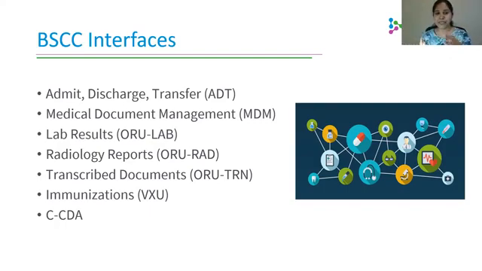So there's multiple ways we can receive information. And this again would be handled during your technical discovery. So depending on your EMR vendor strengths and capabilities, we can all chart out what interfaces we can build for this project and what interfaces you want to build depending on your goals.